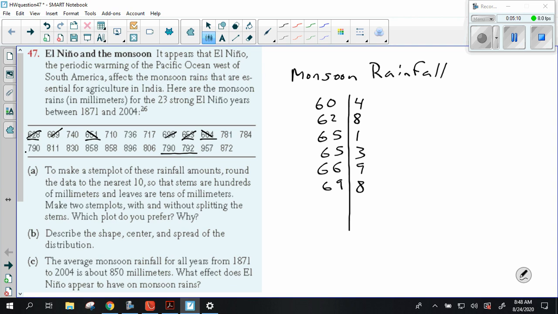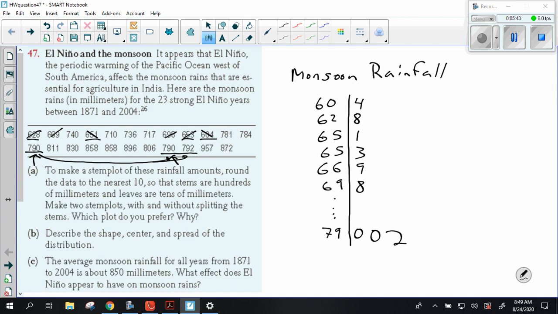So 79 looks like it's going to be one of the few that's going to have two leaves. What would that look like? I'm going to jump ahead and show you with the 79 one. We've got some stuff in between, and then we would get to the 79 stem. There would be a 0 for that one, and another one for this one, and then a 2. So that's just showing you how we could make that if we didn't round.